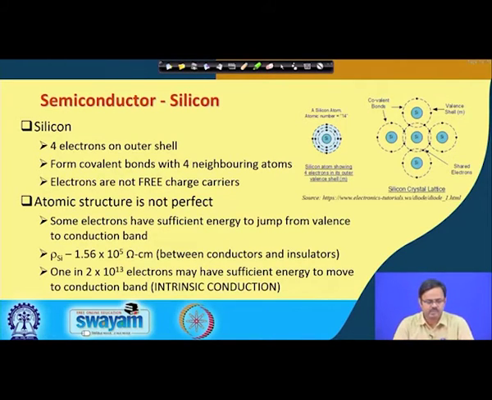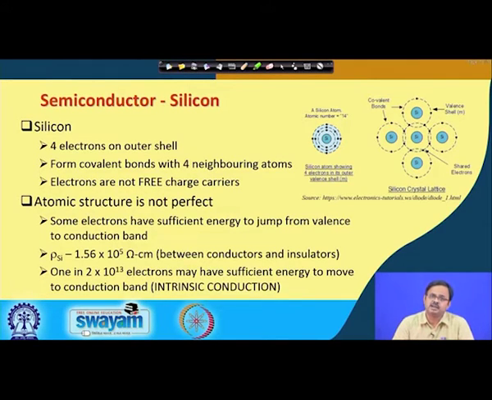So, it forms 4 covalent bonds with 4 neighboring atoms, and therefore the electrons are not free for carrying charge. So, the atomic structure is not perfect.